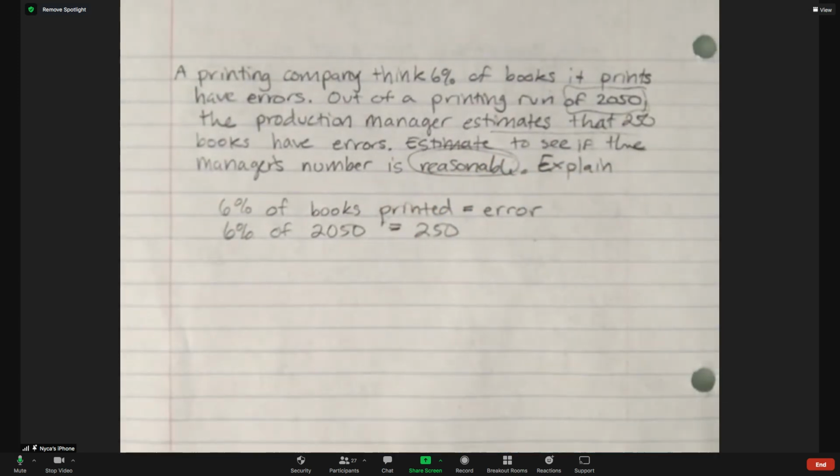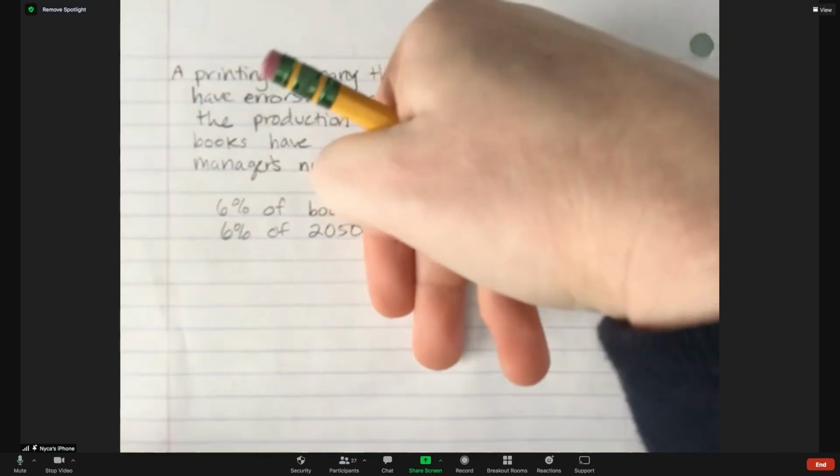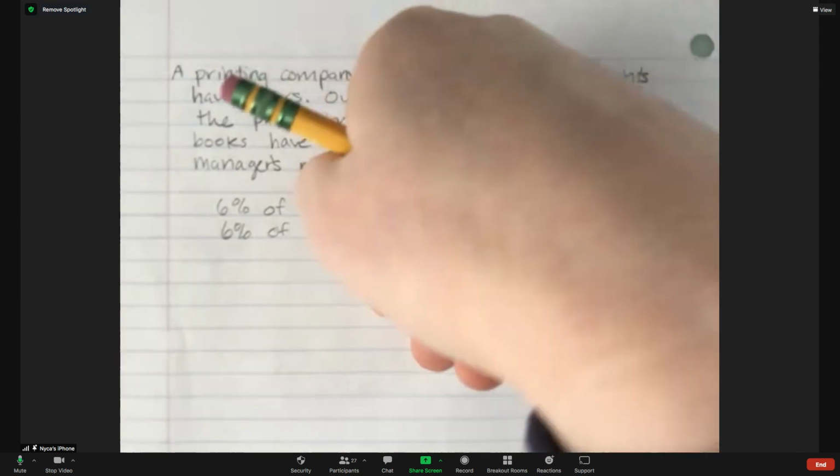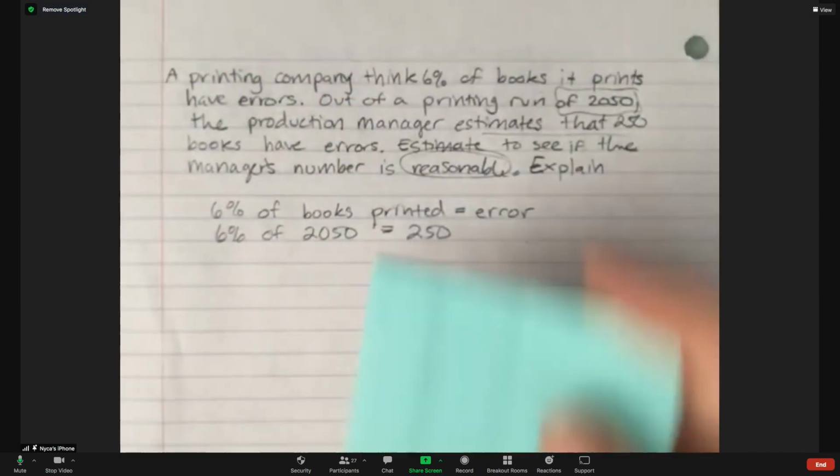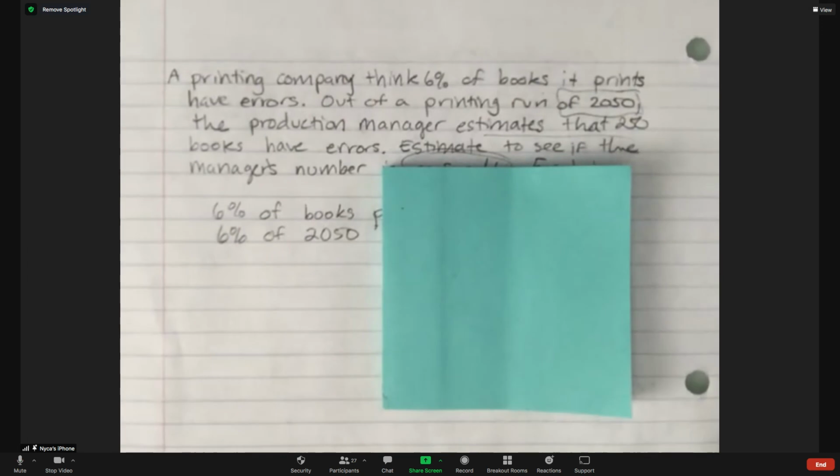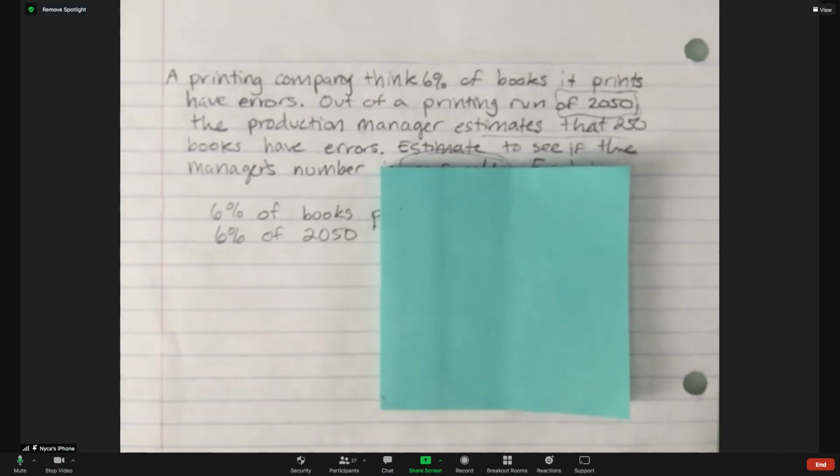All right, so first thing you need to do before you can say if it's reasonable is just simply solve, and let's just see what is our estimate. So pretend you don't even know what they predicted. All right, well, 6% of 2050. So you have to figure out, what do you think that the estimate should be?